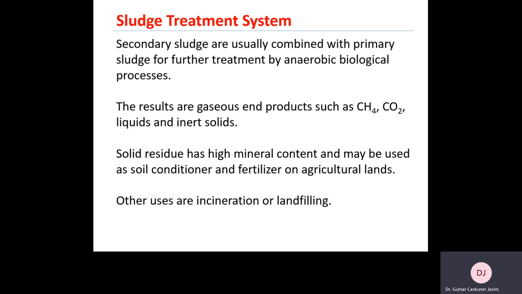Solid residue has a high mineral content and may be used as a soil conditioner and fertilizer on agricultural lands. So biosludge, usually after processing, if it is complying with the standards, can be used as a fertilizer. Other options for sludge are incineration or landfilling.